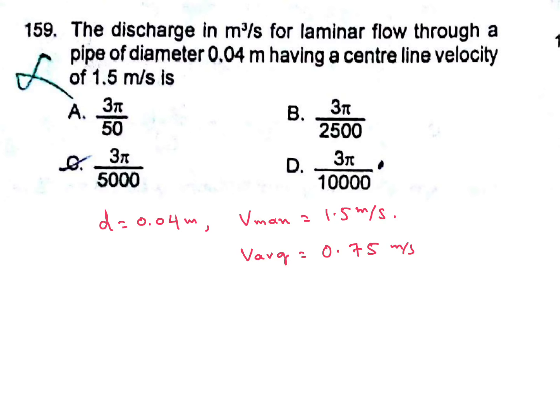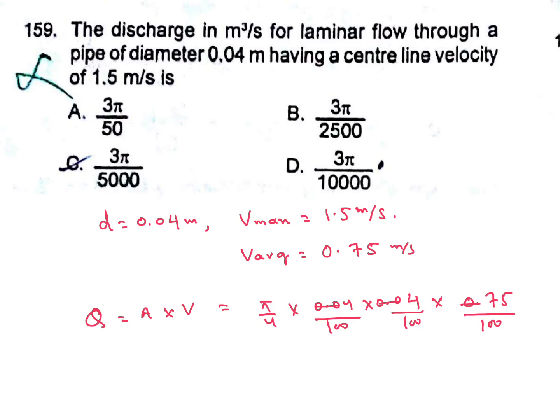Q is A into V. So pi by 4 d square is 0.04 into 0.04 into area, then average velocity 0.75. Divide 100. Here also divide 100. Divide 100.